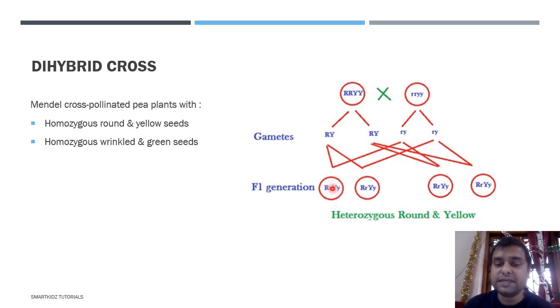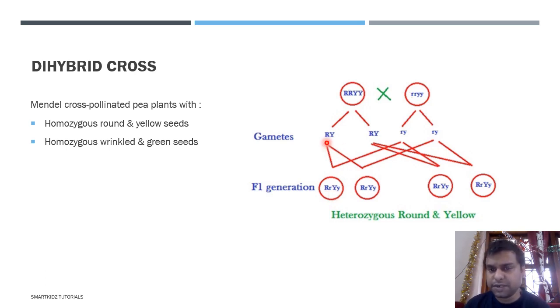In this case it is a capital Y and small y, which means it has got to be yellow, heterozygous dominant. The dominant trait or dominant allele will overpower or dominate the recessive allele, which is small y. As a result, the phenotype of this particular offspring will be round and yellow seeds.